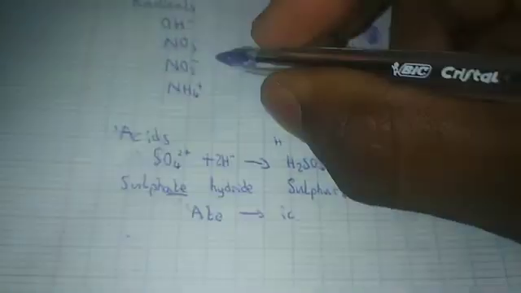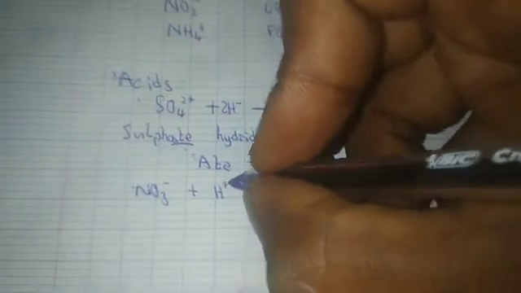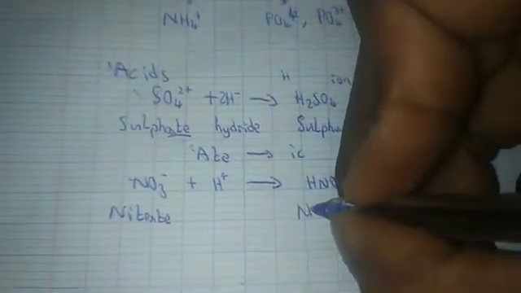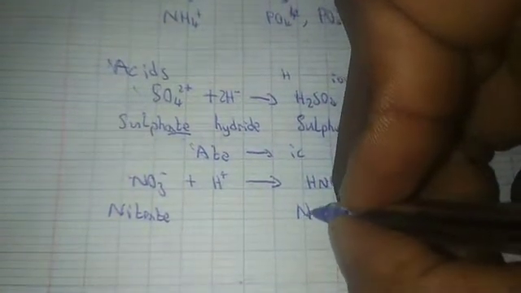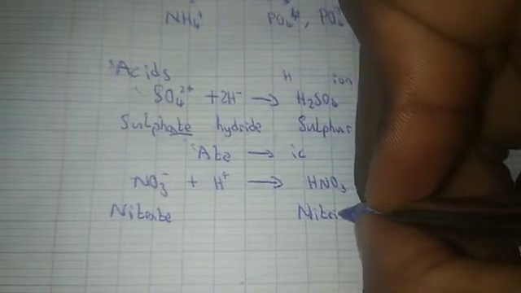Let's take a couple of others. Another example: we have nitrate, NO3 minus, plus hydrogen. Hydrogen will give us H and NO3, so nitrate gives us nitric acid.